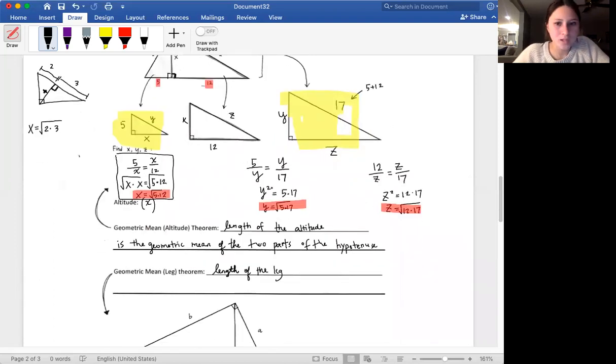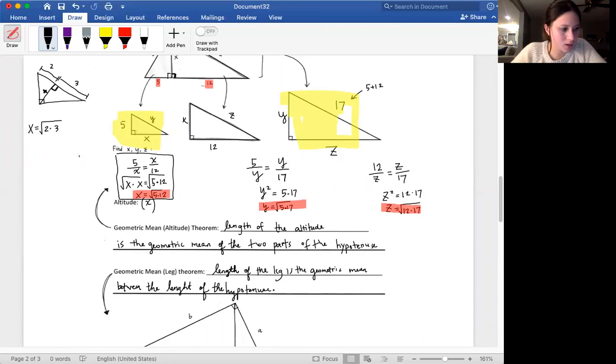Length of the leg is the geometric mean between the length of the hypotenuse and the segment of the hypotenuse that's adjacent to the leg.